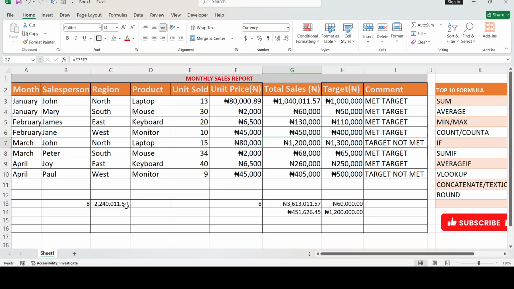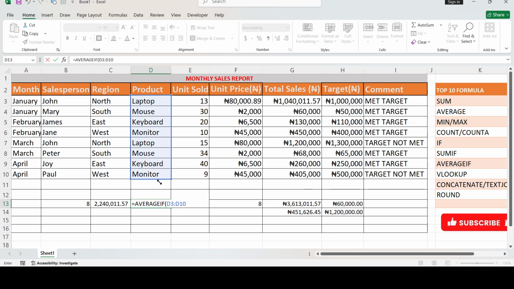Then let's look at the seventh one, which is the average. So now for the average, let's say we say equal to AVERAGEIF, calculate the average if, you should check it from D3 down to D10, if it's laptop that was sold.